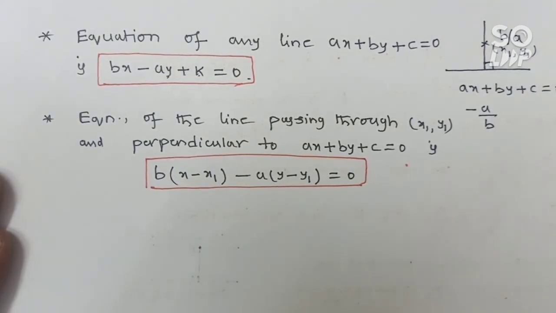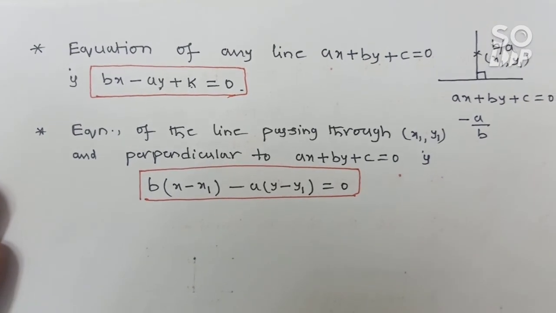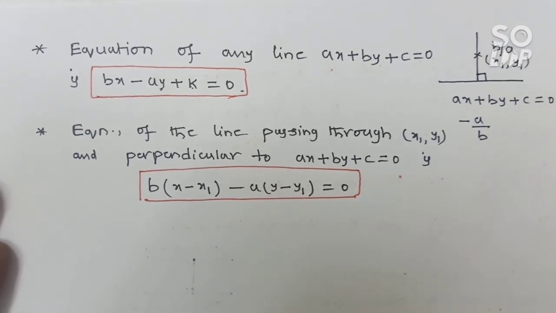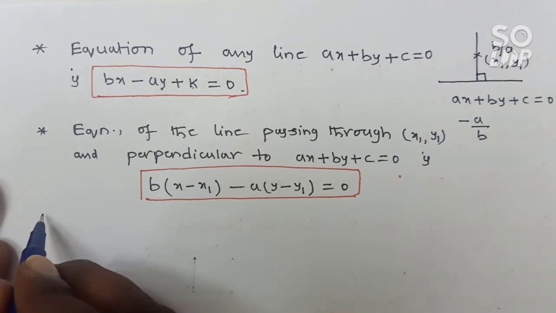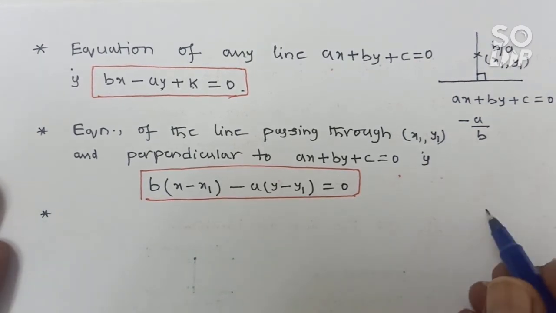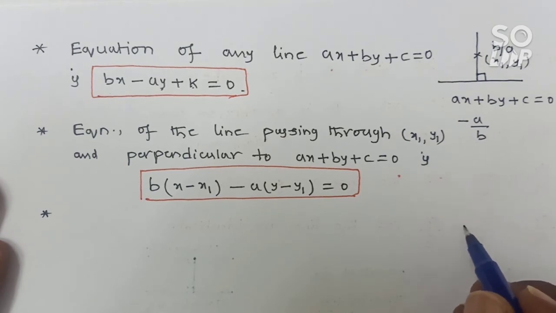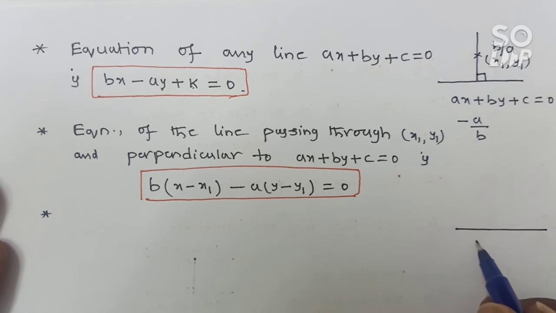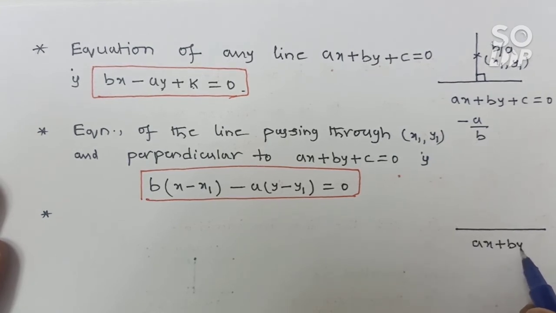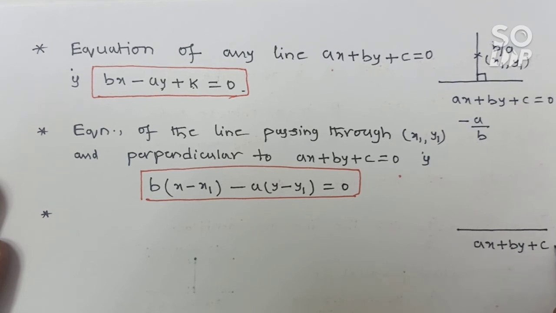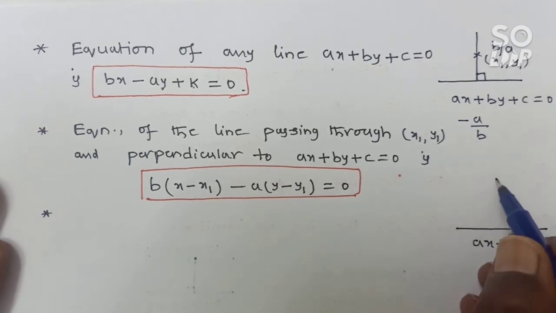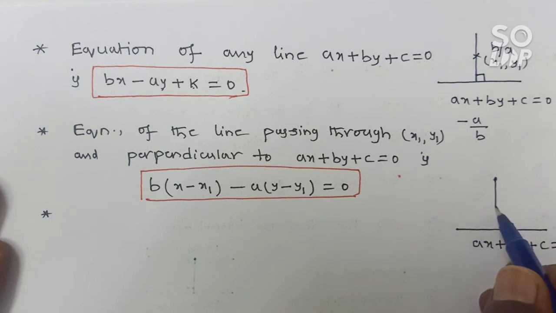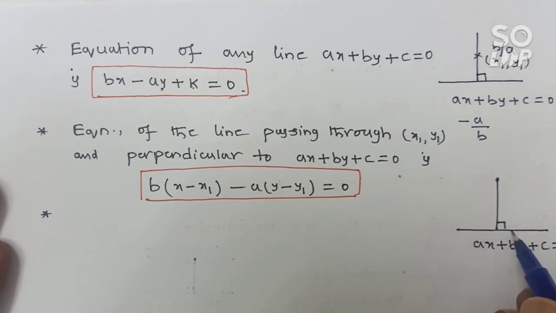And the next concept is how to find the perpendicular distance. See this one. Suppose I take one line, let it be a into x plus b into y plus c is equal to 0. Now how can we find the perpendicular distance?